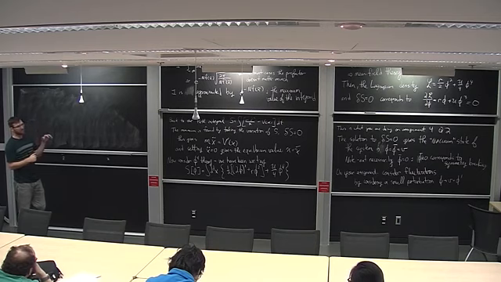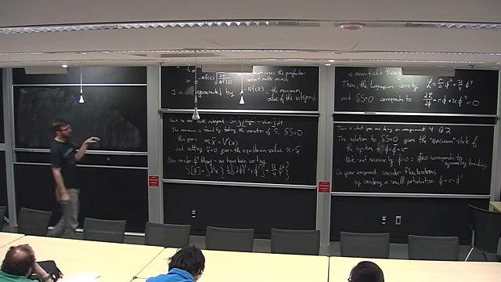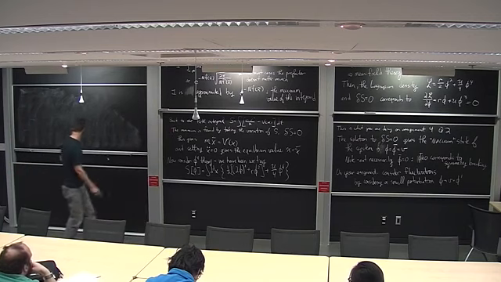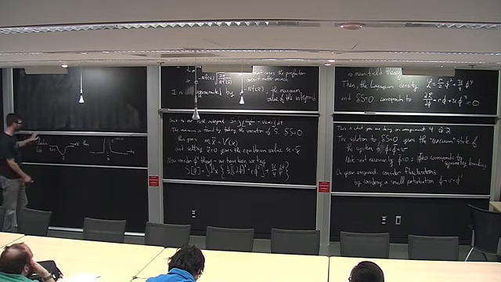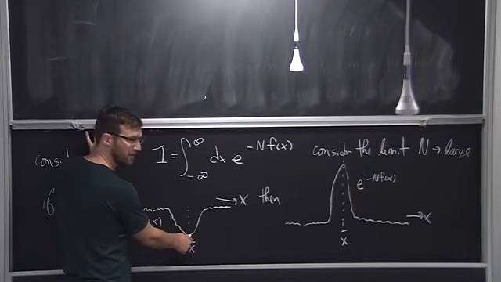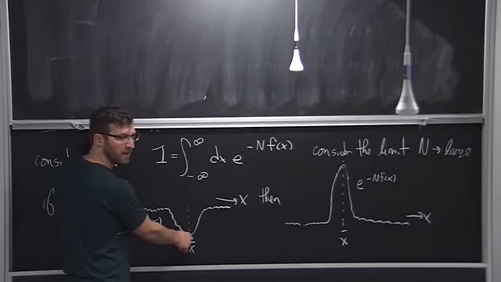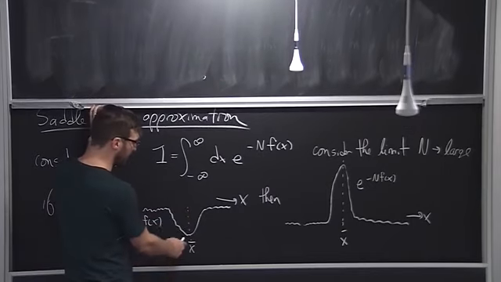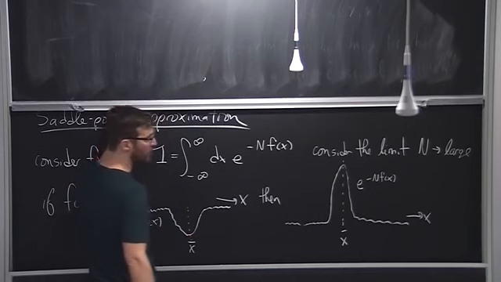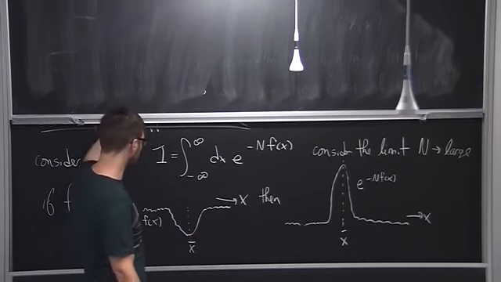The philosophy with this mean field approximation is that you have a very low energy state, essentially sitting at the minimum of this function. If you're thinking about the Euclidean path integral, this would be like your zero temperature state, or a state without a whole bunch of fluctuations.